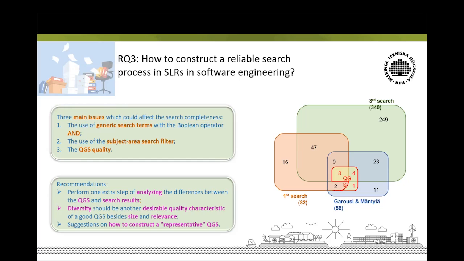That's because ultimately what you want is a representative set as your gold standard, so be aware of that. Also, in our paper, we provide suggestions on how to construct such representative quasi-gold standards: where you should stop, and is it good enough for you? But since this is too much detail, I would just say please read the paper. Maybe that's motivation.